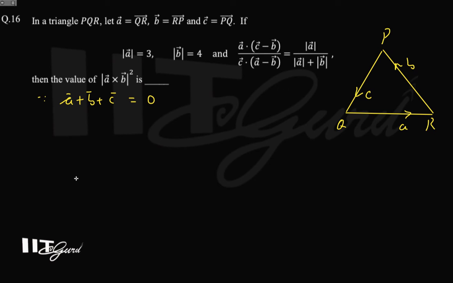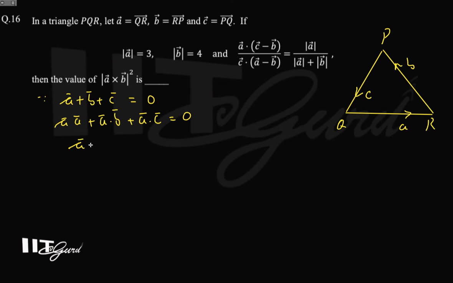So if you see here, then what we recall, if you make a dot product with A vector, then you will get A dot A plus A dot B, and then plus A dot C, that is 0.